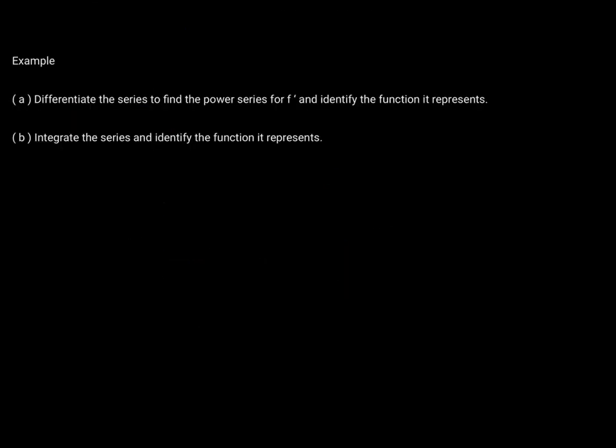Okay, so this part is important. Now we're going to be given a series, and we want to differentiate it. We want to integrate it and find a new function, a new series which represents a new function. All right, so let's do it. Look at this first series that's given to us.